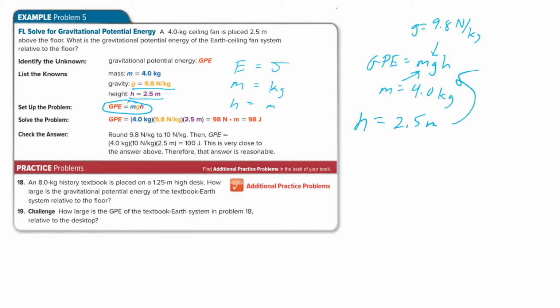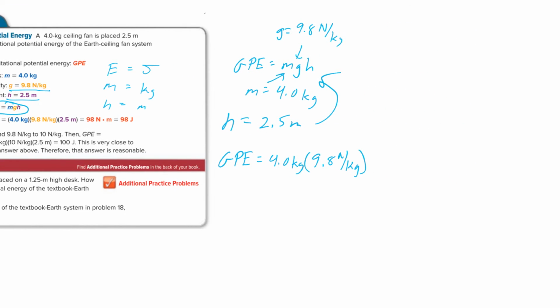So basically what we have is this equation. We have GPE equals 4.0 kilograms times 9.8 newtons per kilogram times 2.5 meters. Kilograms cancel out.